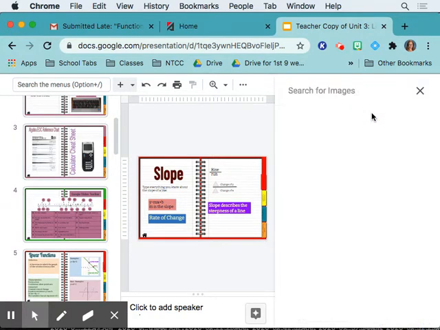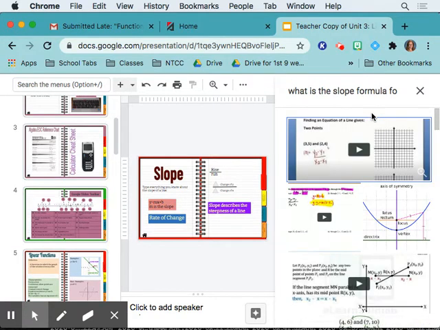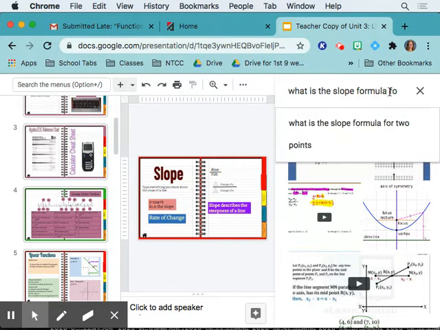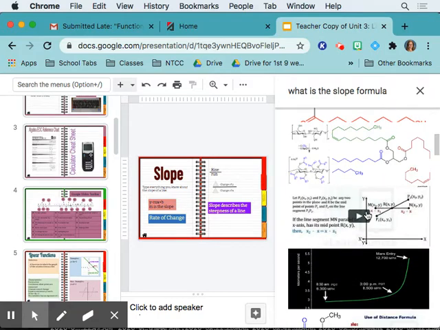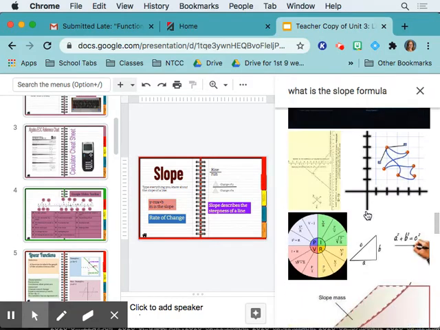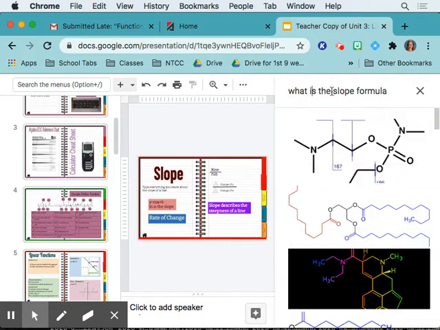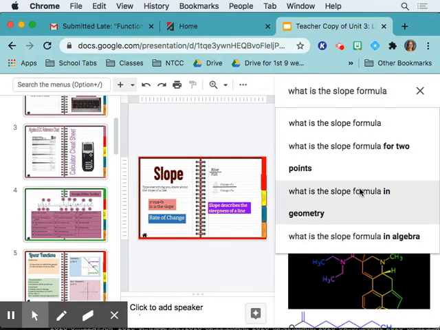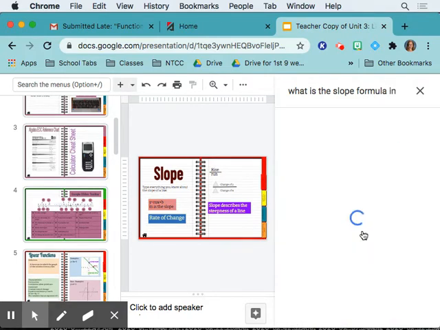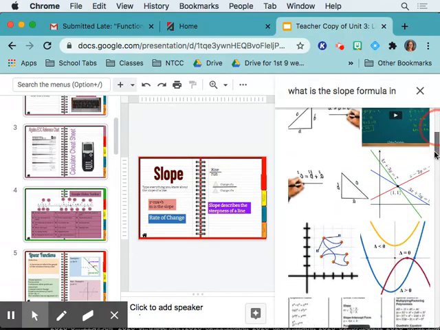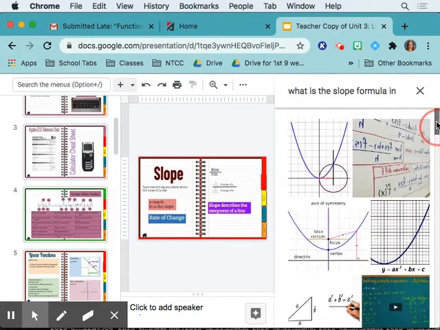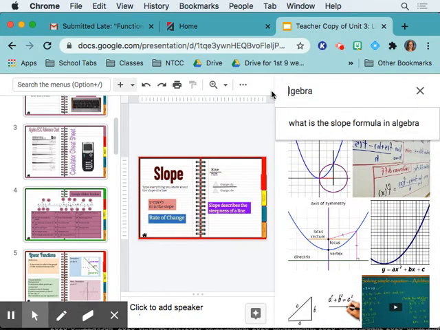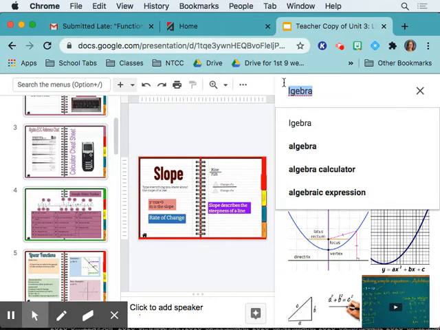What is the slope formula for 2 points? Okay, this was not a very good search, apparently. Anybody type in anything that actually gives us the formula? Sometimes this works, sometimes it doesn't.